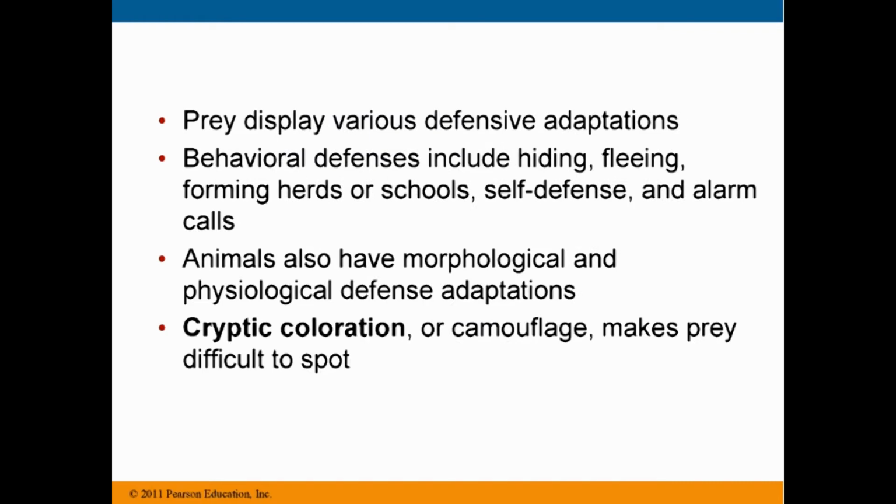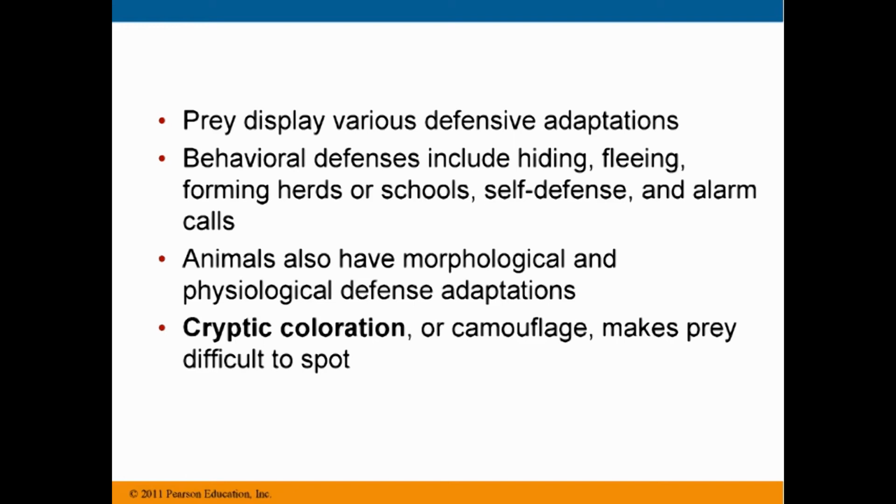But the prey, on the other hand, are going to display defensive adaptations. These can include behavioral defenses, and the behavioral defenses can include hiding, fleeing, running away, forming large populations, as in herds or schools, self-defense.